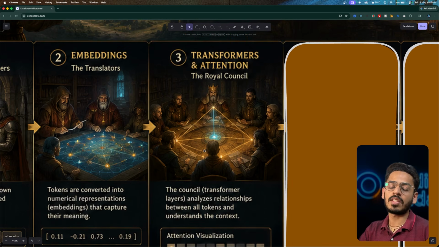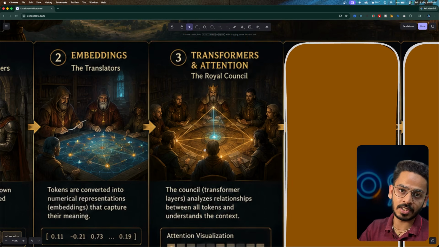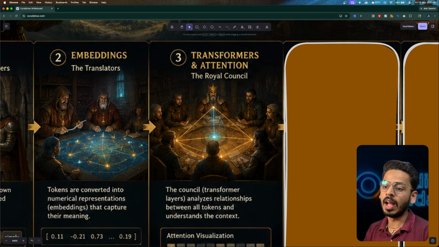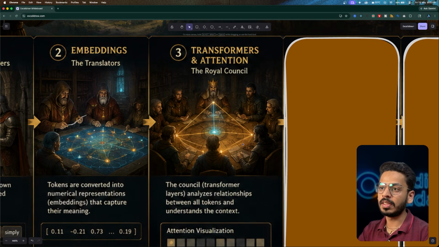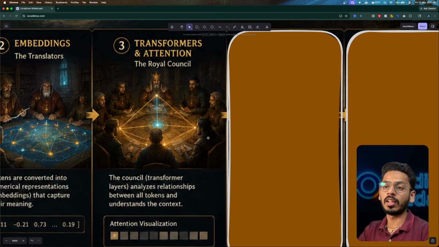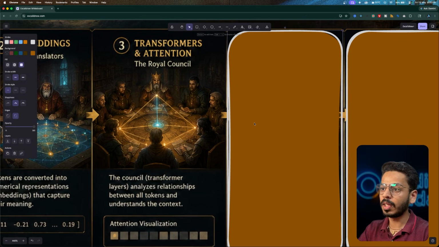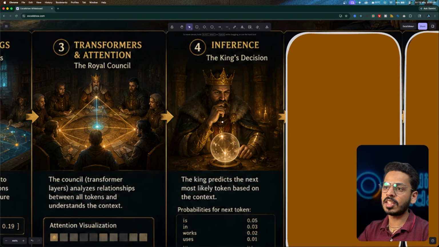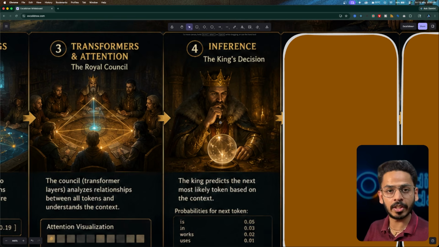Here we have the transformer architecture and self-attention mechanism, which was introduced by Google and which helps us gain the relationship between all the tokens and embeddings and generate a meaningful context which the LLM will understand. So this is the third step, where we are giving the tokens and embeddings into the transformer mechanism. After that, this is where the king comes into the picture.